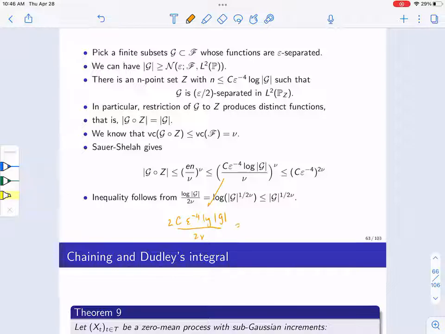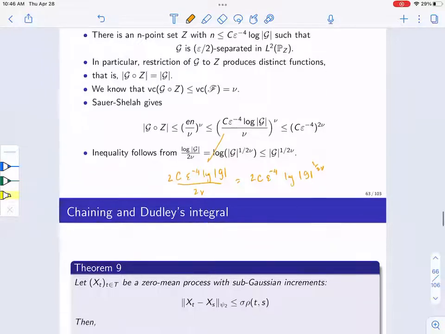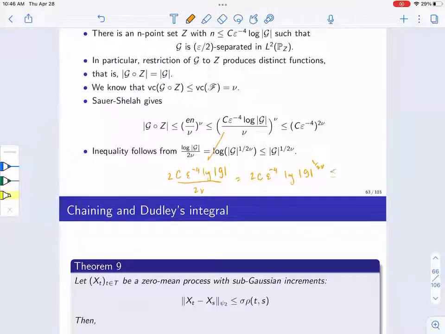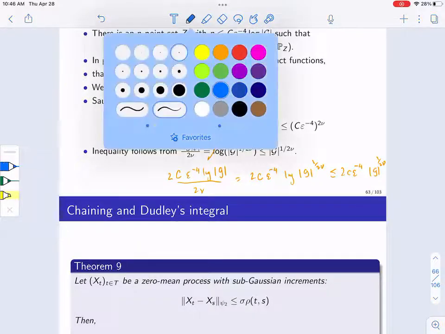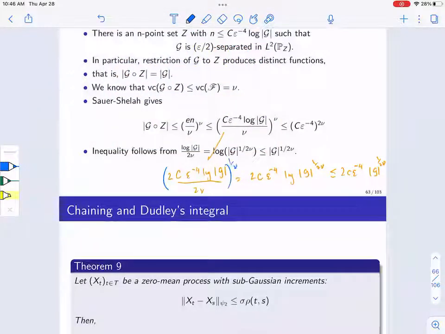And this is going to be 2C epsilon negative 4 log G to the 1 over 2 nu. Okay, and then I'm going to bound the log G by 2C epsilon to negative 4 just by, this is a very bad bound, but the log of x is bounded by x. So that's the thing. And then I have 1 over nu here, sorry, to the nu.